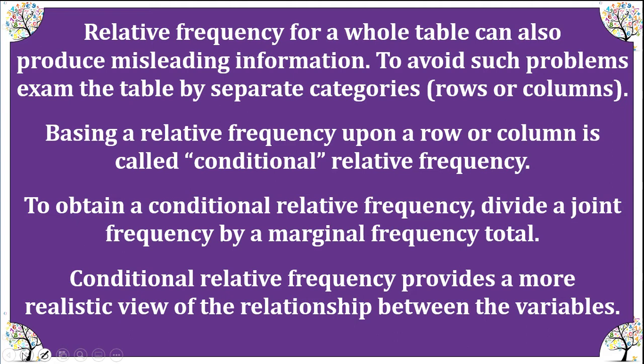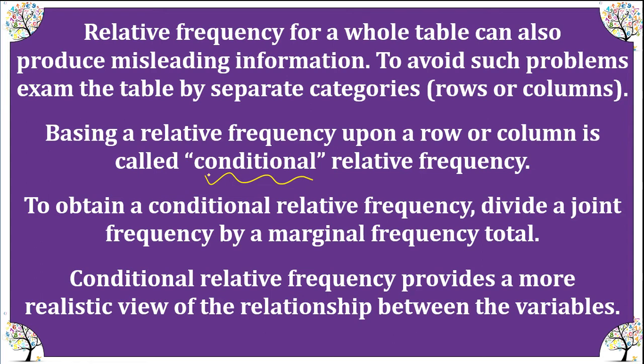So sometimes we need to be more specific with a question, or a more specific question is presented to us, and when we base a relative frequency upon a row or column, it is called conditional. So if they are more specific, like those that take gifted classes, are they more equally or less likely to have extracurricular?